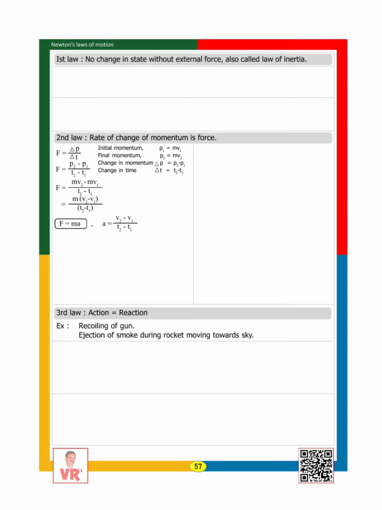An object will be in the state of rest or uniform motion until an external force is applied over it is the law of, wonderful, Newton's first law. The first law is also called the law of inertia.